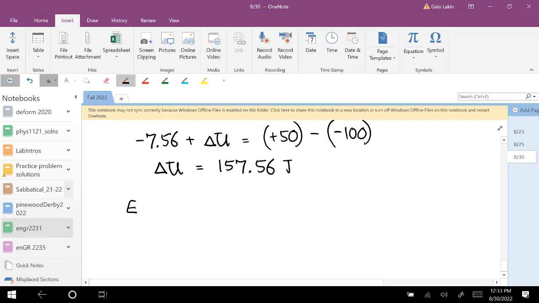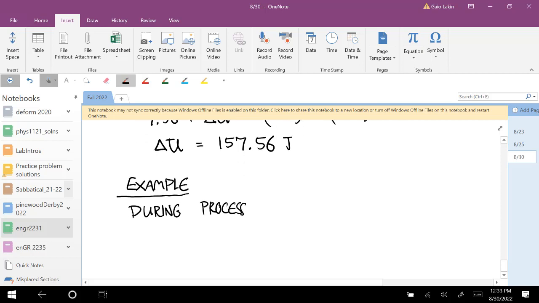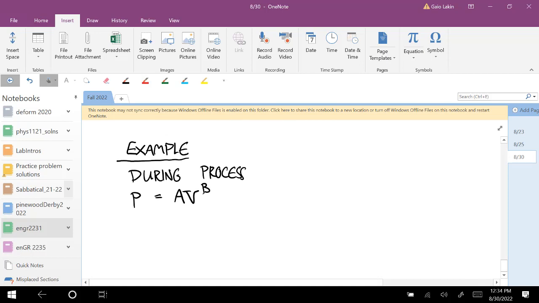Okay, let's do another one. So let's say during this process, pressure is known to follow this form: A times volume to the power of B. And let's say that 200 joules of heat is added.